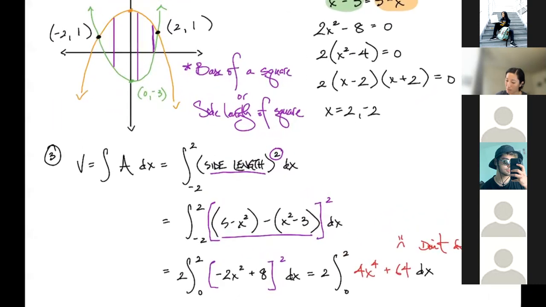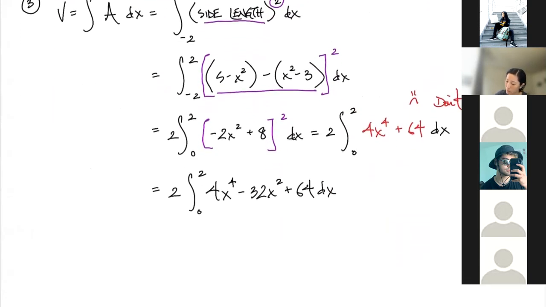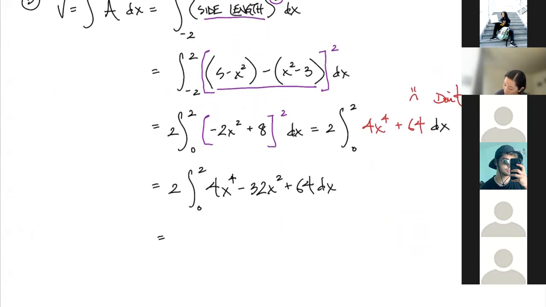All right. So what is the integral of this expression? I'll give you a moment to type that in. What is the integral of this expression?